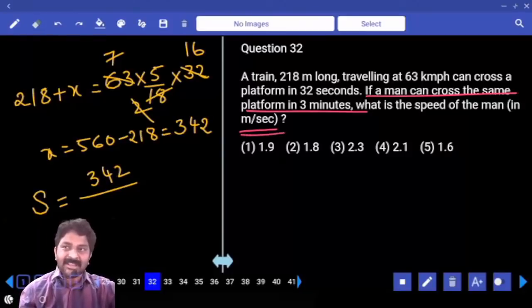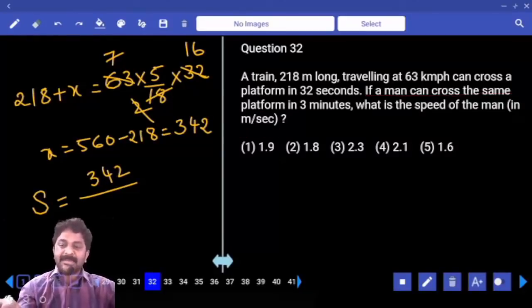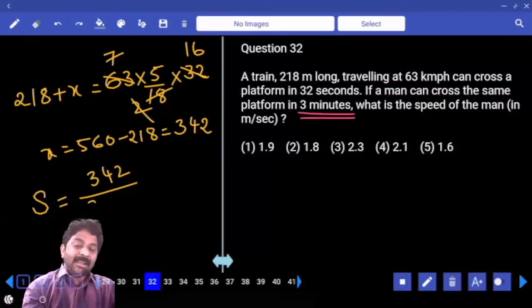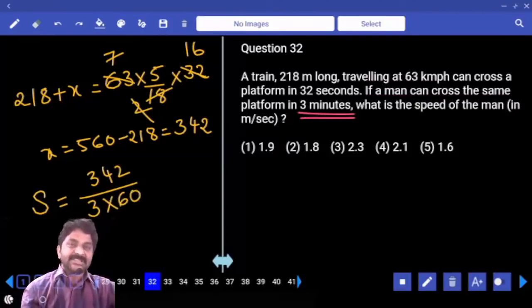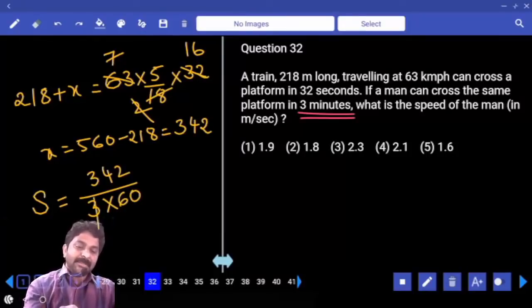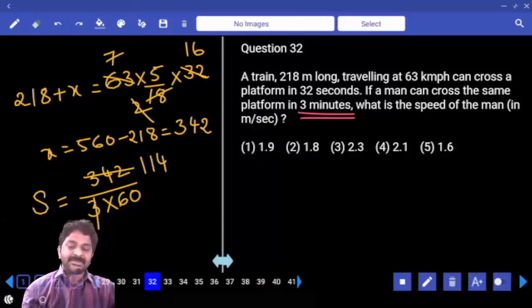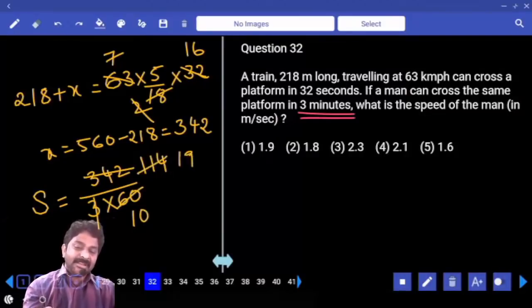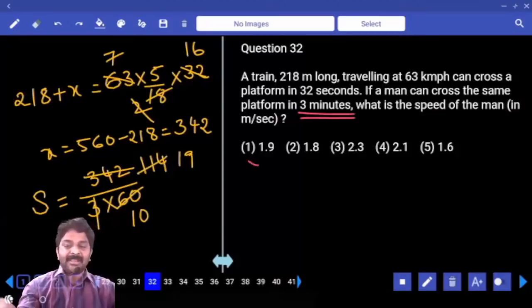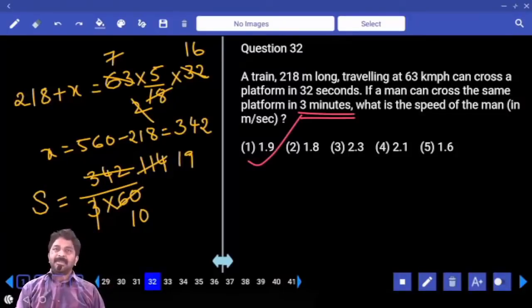That's what we were asked to calculate, correct? But time is mentioned as 3 minutes. Let us convert into seconds, into 60. Cancellation with 6, 10 times, 19 times. 19 by 10, 1.9 meter per second.